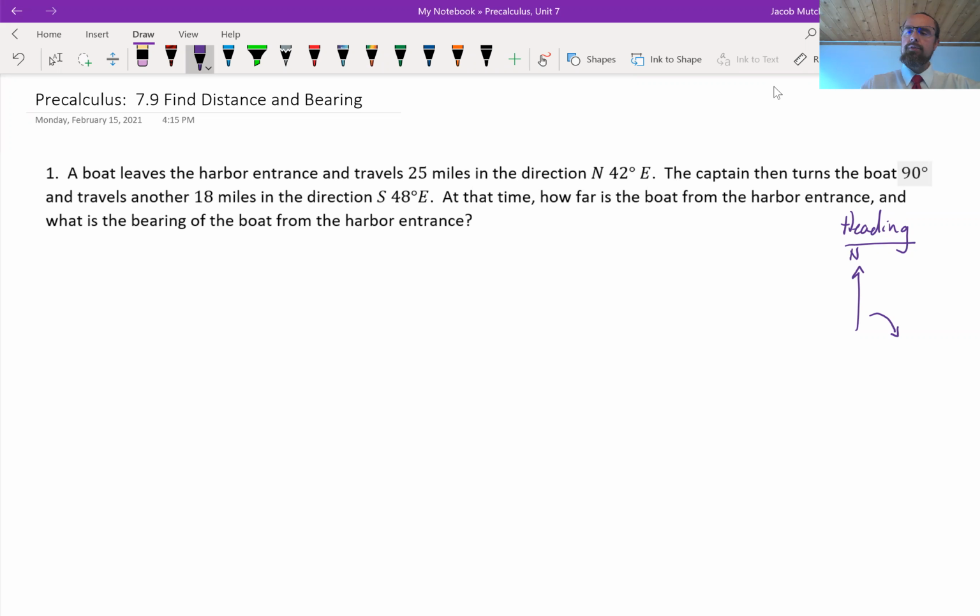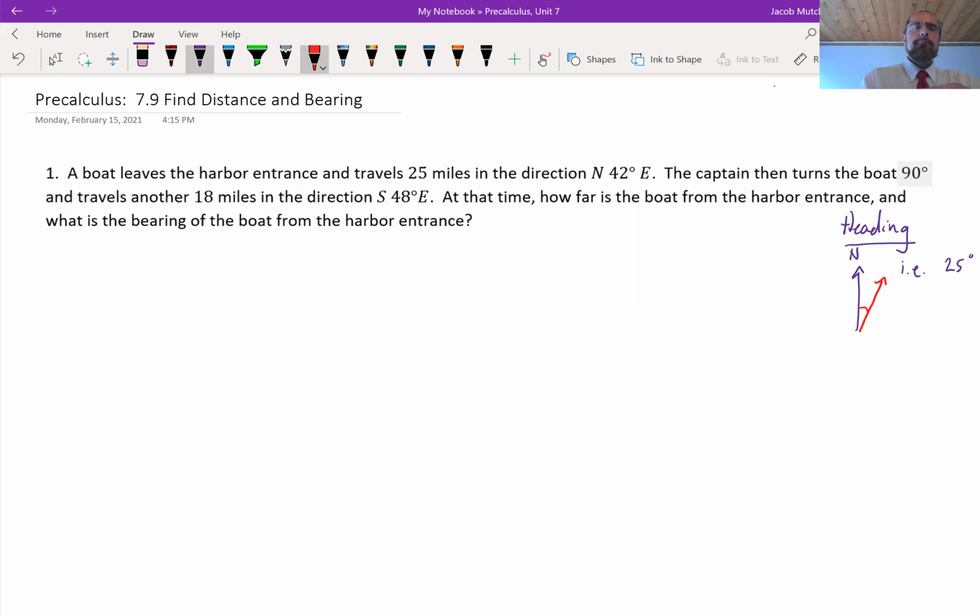A lot of times we'll see a heading as, for instance, a heading of 25 degrees. Something like that would indicate that we start at due north and then measure 25 degrees clockwise. And that would tell me the heading of an object, either a person or a vehicle of some kind.